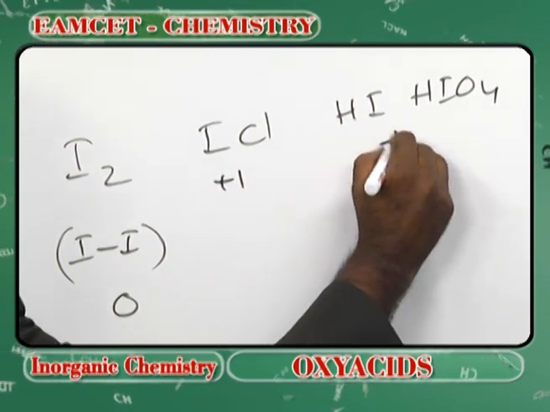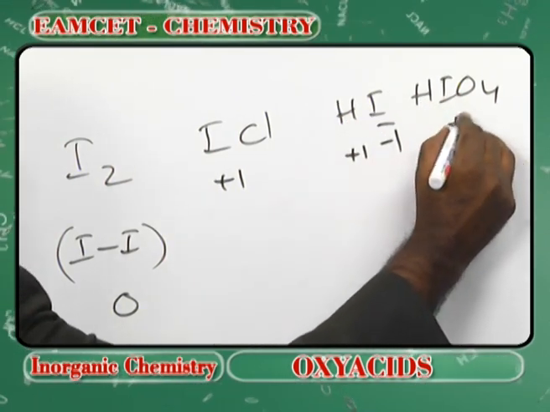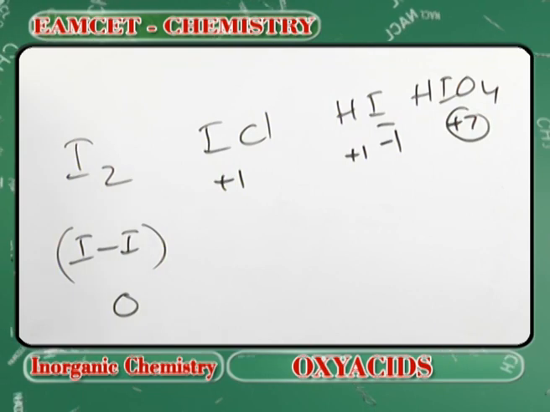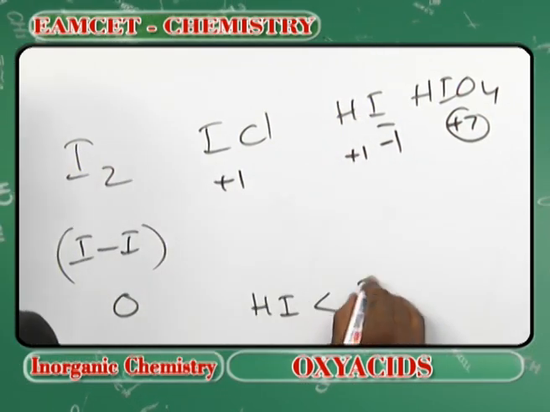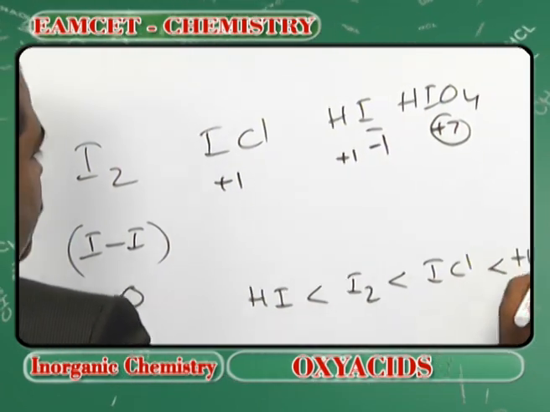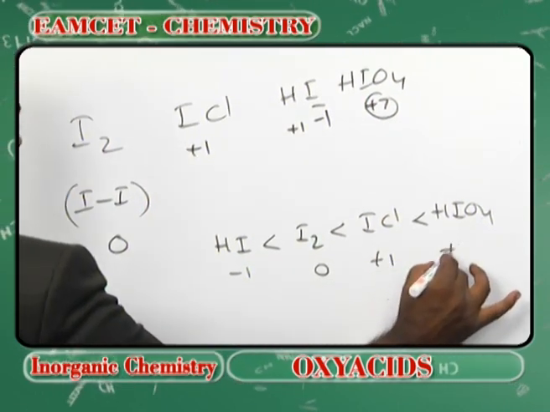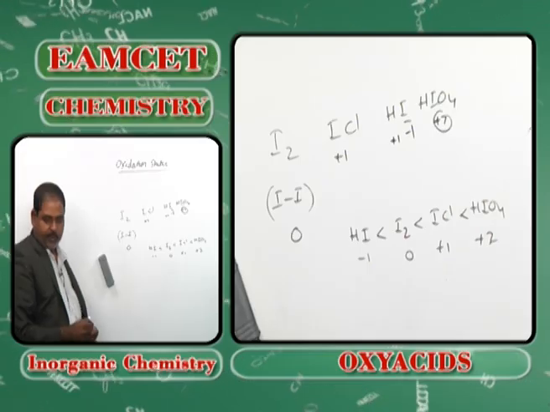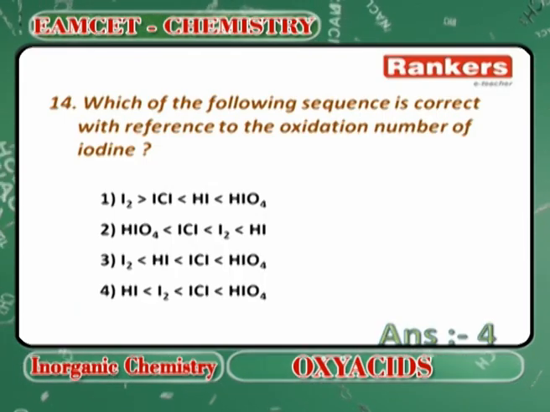In HI, iodine is more electronegative, so minus 1, hydrogen is plus 1. In HIO4, iodine is plus 7. So HI is less than I2, less than ICl, less than HIO4. So minus 1, 0, plus 1, plus 7. Where do you have HI being the least? We have it only in option number 4.